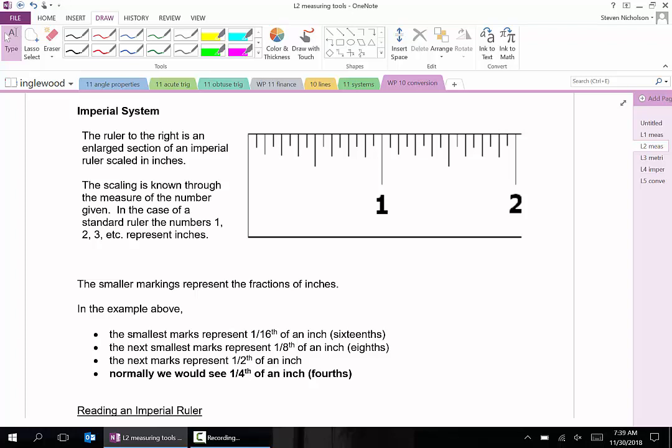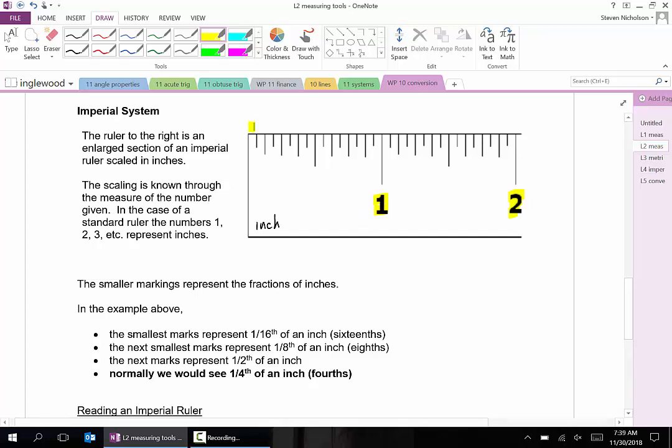And on an imperial ruler, the scaling is in inches. So again, whenever you see inch, what it's telling you is these numbers that are highlighted represent an inch. And we see the graduations here. The smaller markings represent the fraction of an inch. And if we looked at these smallest markings right here, that's the smallest graduation.